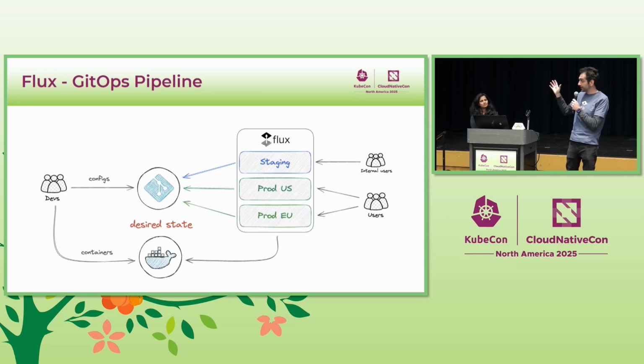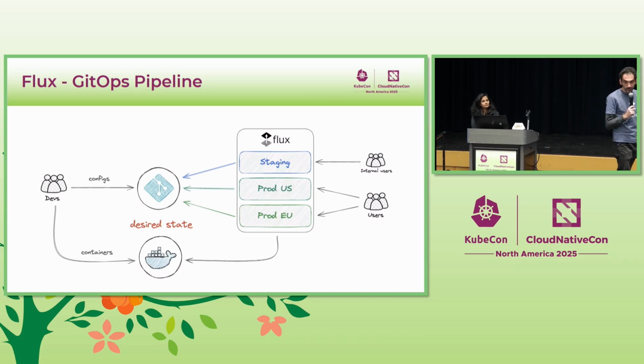The GitOps idea is that you change something in the desired state, Flux will reconcile all the clusters, and it will try to bring the cluster as close as possible to the desired state. This involves drift detection and drift correction. And this happens based on the state of your Git repo.